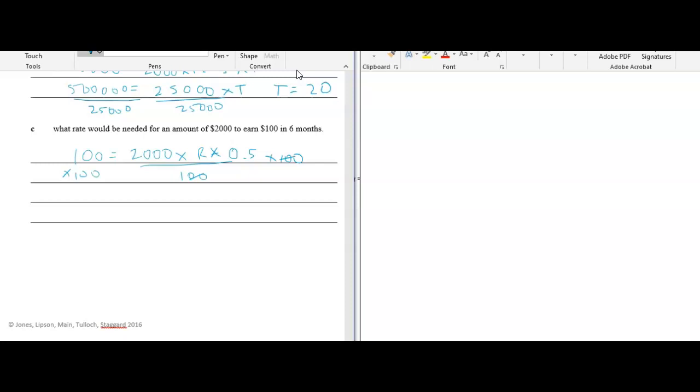So 100 times 100 is 10,000. And 0.5 times 2,000 is 1,000. So divide both sides by 1,000. And R is equal to 10. So we want a rate of 10%. So you could easily solve that on your calculator. And if you can't do it by hand, I encourage you to do it on your calculator.